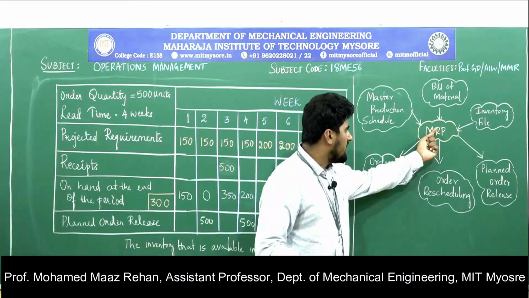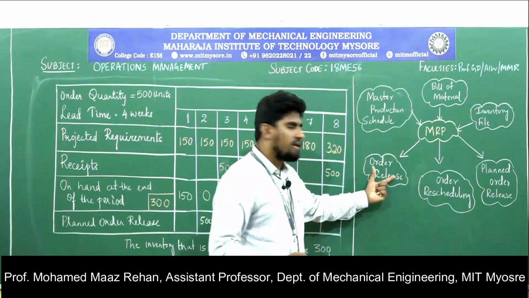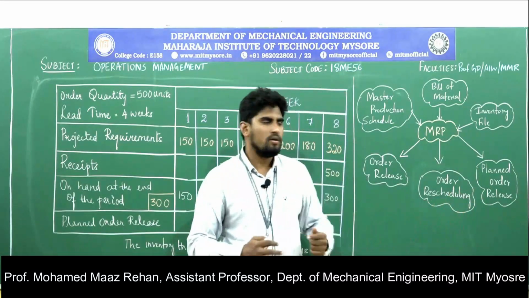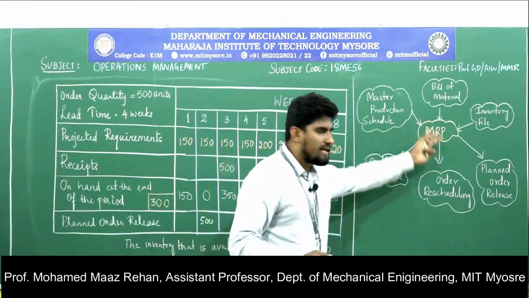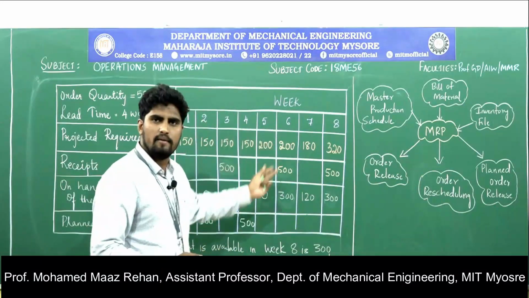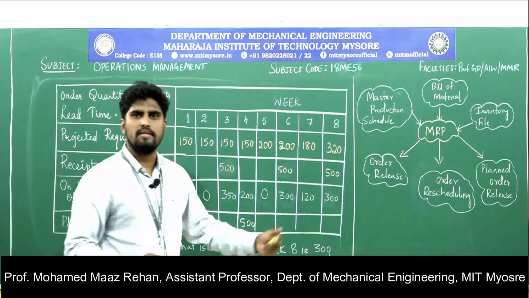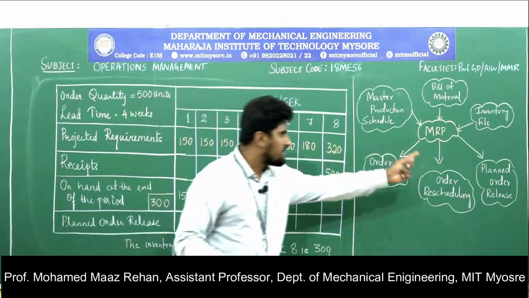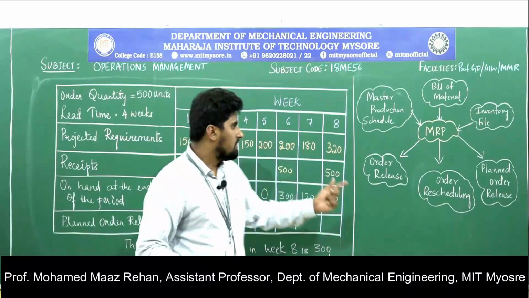So I repeat, the outputs of MRP are order release, order rescheduling, and planned order release. The output generated from MRP looks similar to this. It is a complete report that helps the management to take decisions.